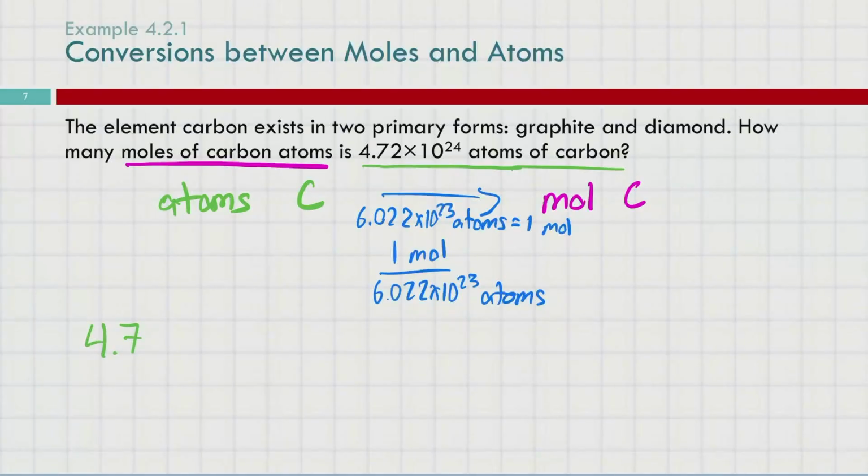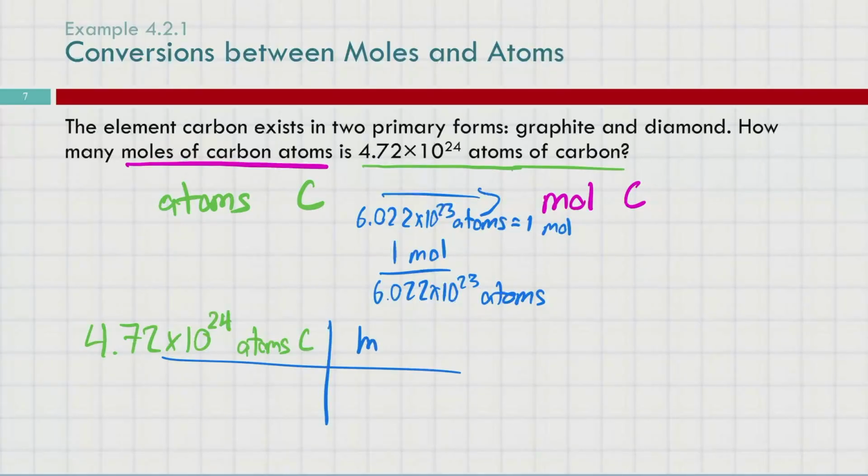So 4.72 times 10 to the 24 atoms, carbon. Put in our conversion factor, 1 mole over 6.022 times 10 to the 23 atoms. Atoms cancel. Carbon does not get canceled out, and we still have moles.